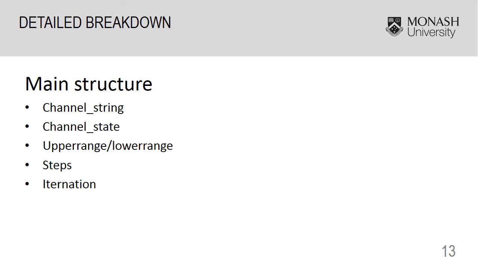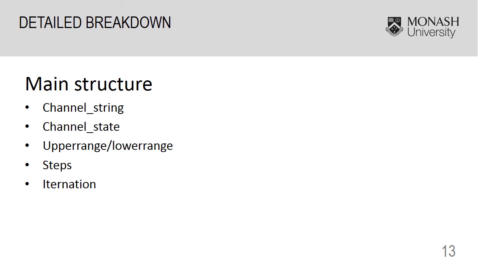For the main structure, the user can change the following parameters to perform different simulations. For channel string, the user can input AWGN, BSC, BEC, which are the three supported channels I mentioned before. Here's a reminder that it is case sensitive, so make sure you input upper case for it.